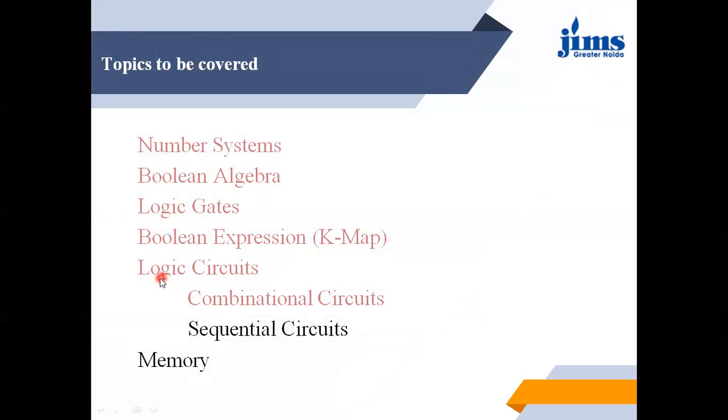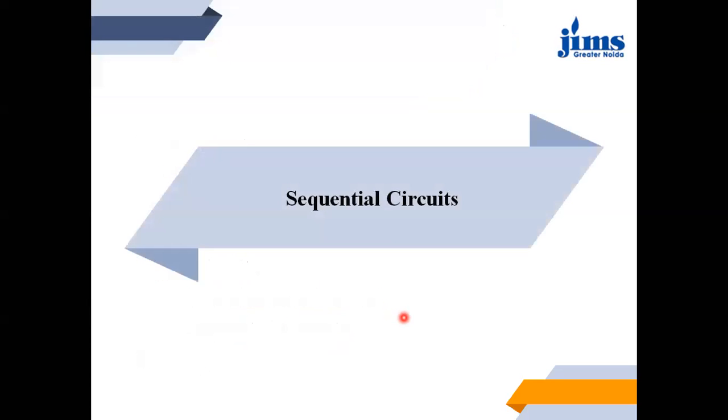Then we discussed logic circuits, and we saw that there are two basic logic circuits. The first one is the combinational circuit and the second one is the sequential circuit. We discussed the combinational circuit in detail in the last lecture. Today, we will discuss the sequential circuit.